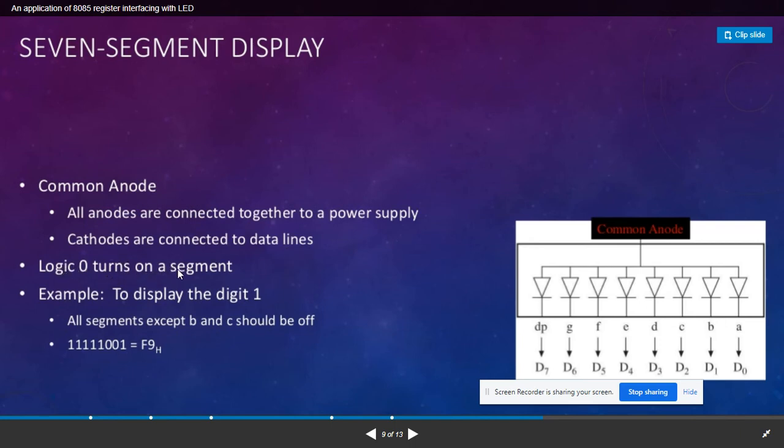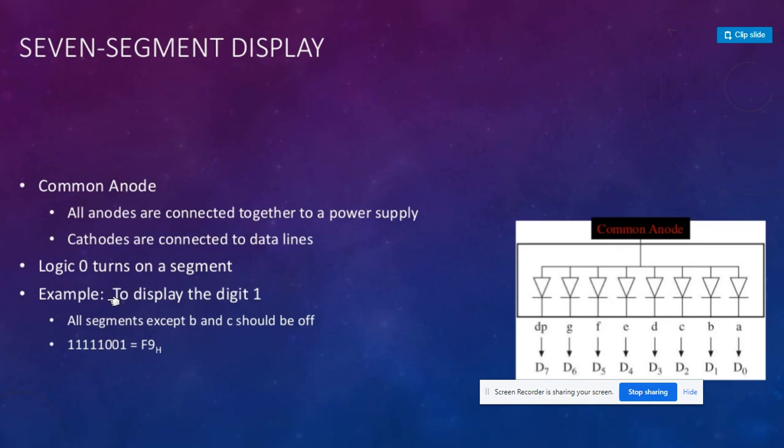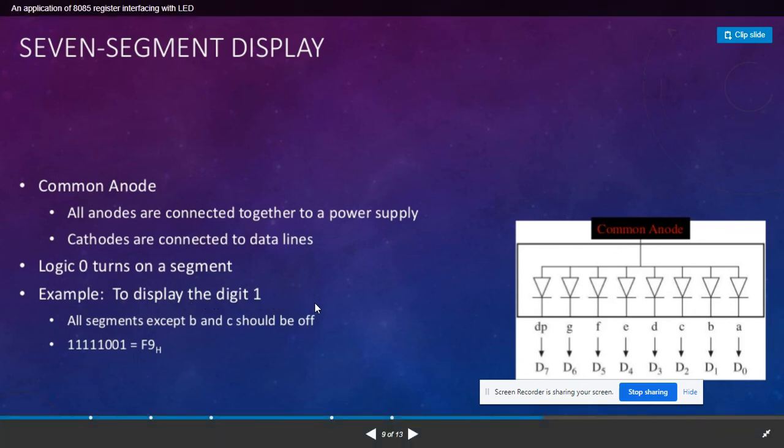Logic 0 turns on a segment, यानी कि जिस भी सेगमेंट को हमें टर्न ऑन करना है उसको हम लॉजिक 0 सप्लाई करेंगे एंड बाकी को लॉजिक 1 सप्लाई करेंगे. For example, we have to display the 1, then all segments except B and C should be off.